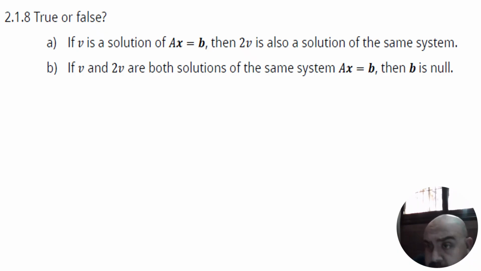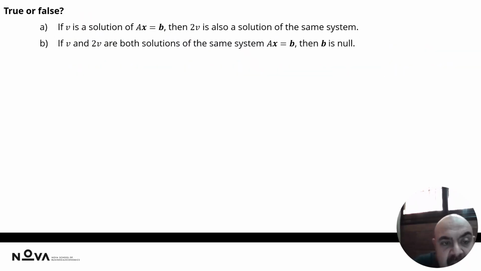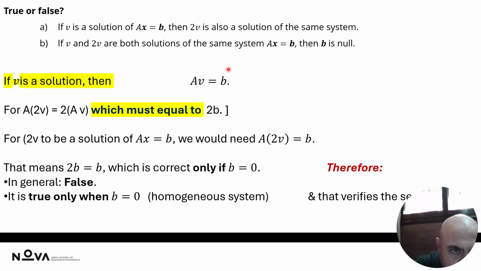I guess it's partially true. Because if it is a unique solution system, a Cramer system, which has just one solution, this is not going to be correct. But if there are an infinite number of solutions, the result will be correct. I've written the answers for you here.